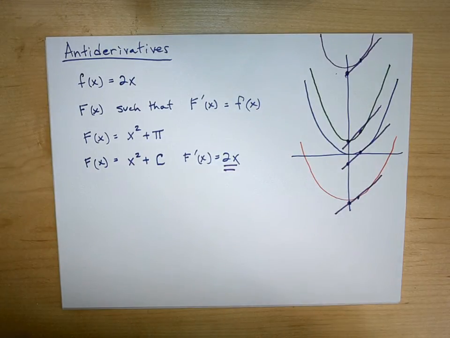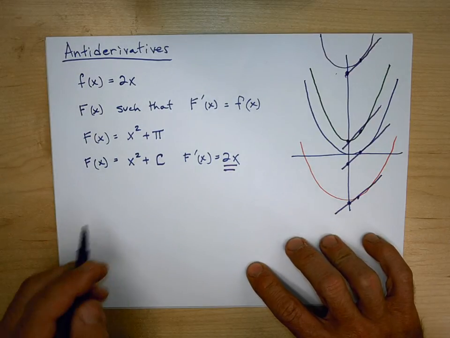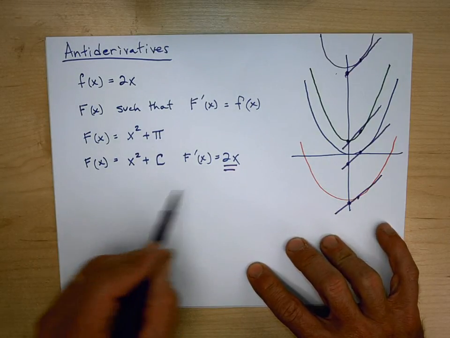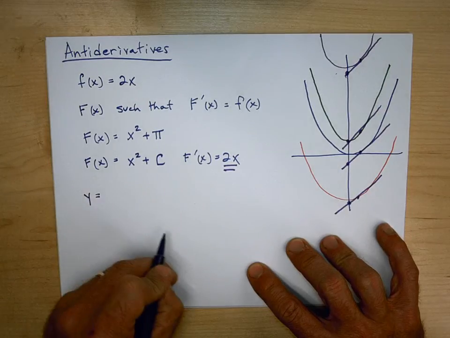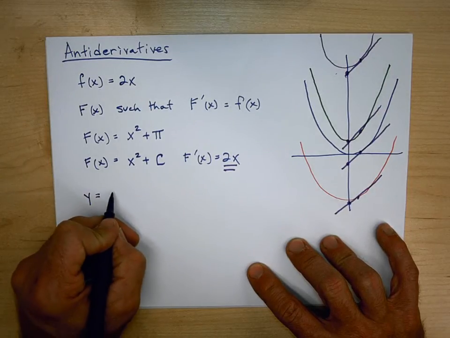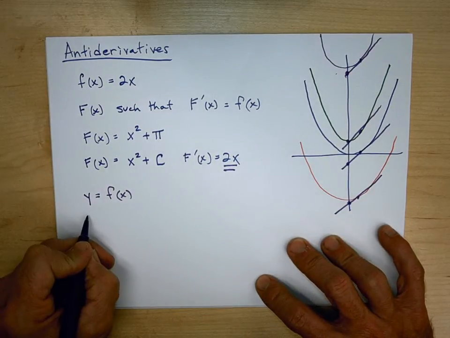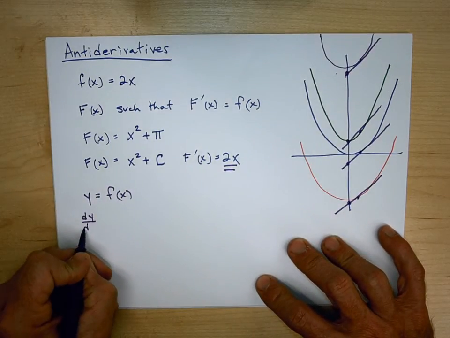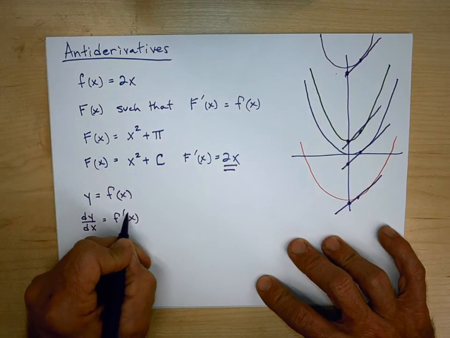Okay, so now that we see what an antiderivative is, let's look at how we might find antiderivatives of common functions. Before I go through that, I want to talk about some notation. If we have, for example, y equals some function f, then remember dy dx is another way to write the derivative, right?